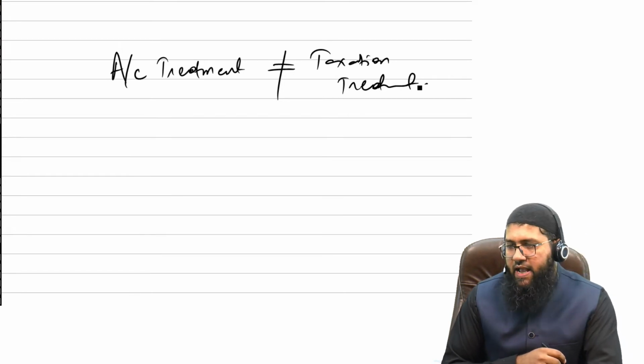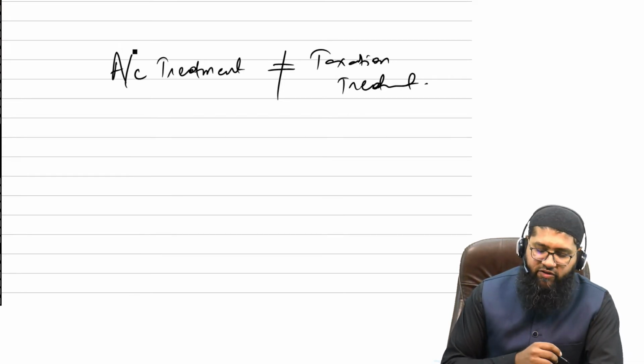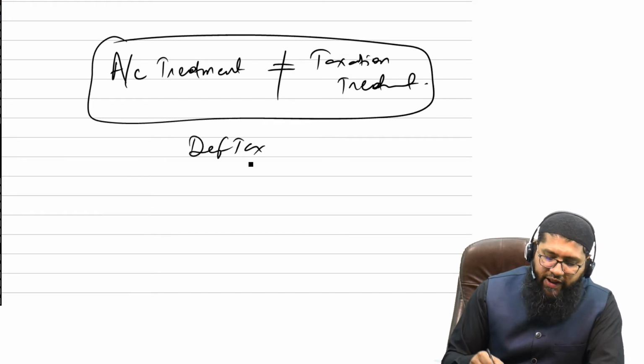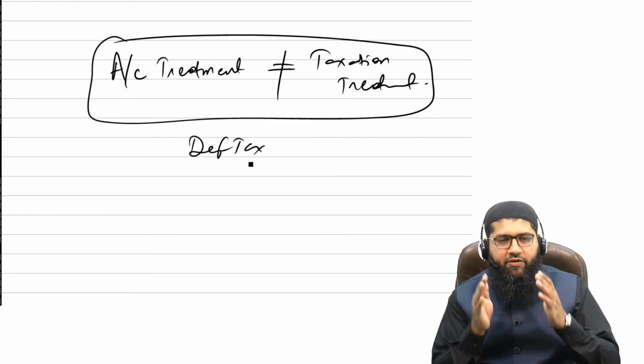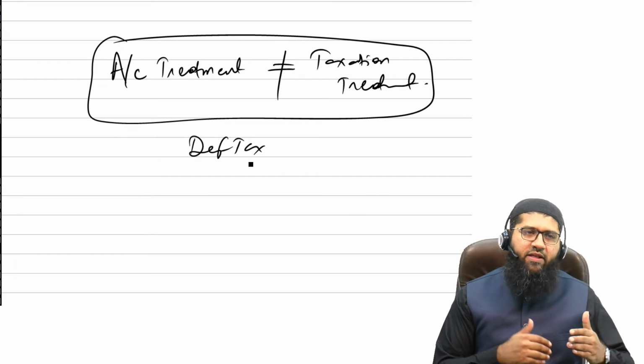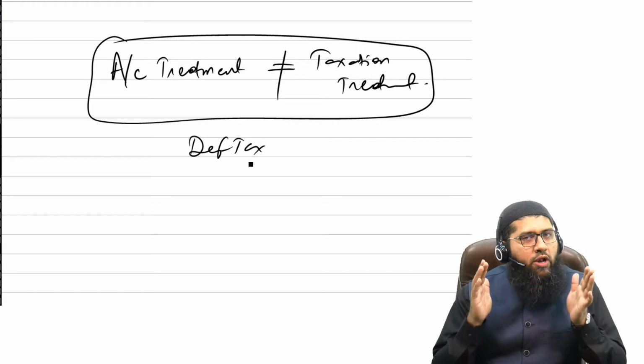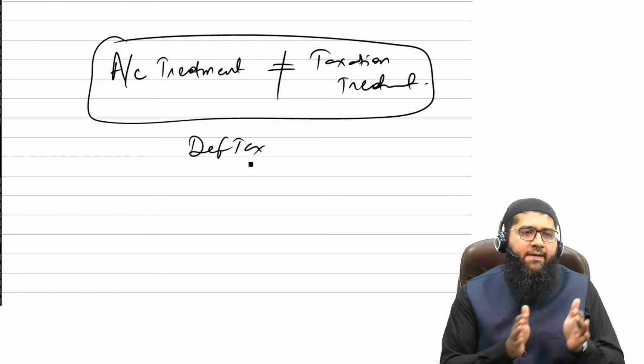I repeat, whenever the accounting treatment is not equal to the taxation treatment, deferred tax would arise. If the accounting treatment of any specific transaction is similar to the tax treatment, no deferred tax would arise. Deferred tax only arises when there is a difference.